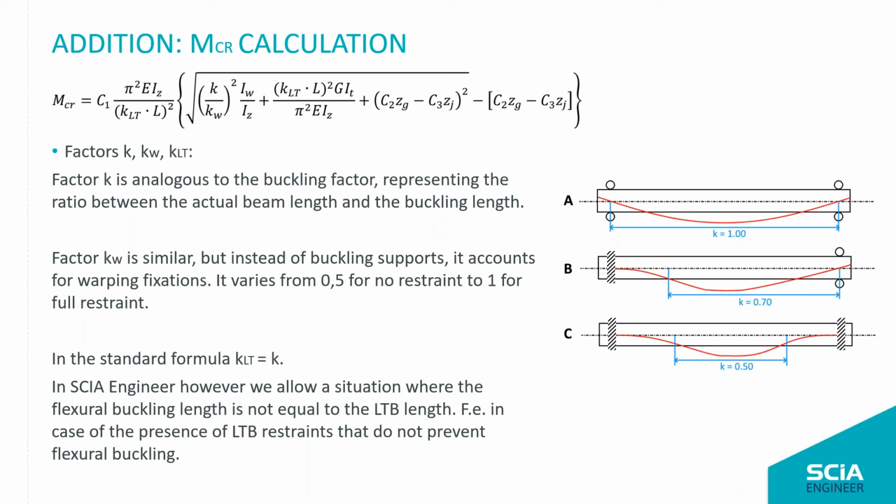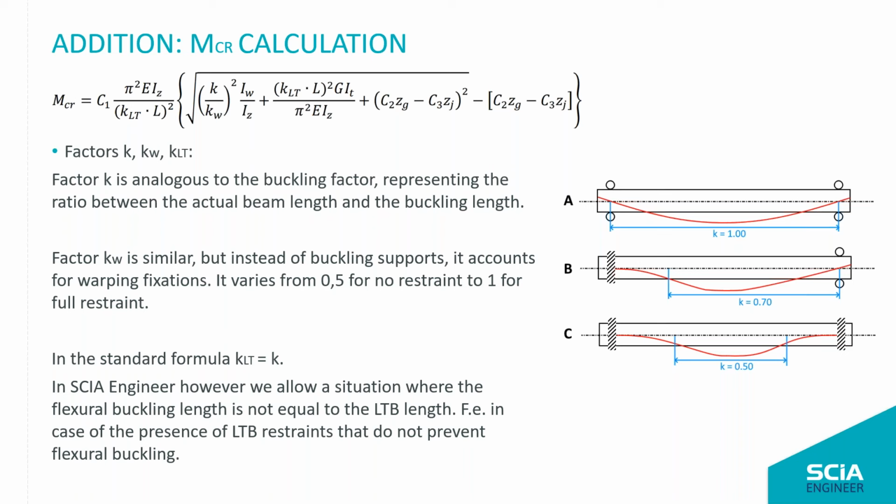And then we have actually an additional factor inside this formula in SCIA Engineer, which is KLT. It doesn't exist in the actual reference. In the standard reference, this KLT is equal to K. However, in SCIA, we have changed this situation because the length for lateral torsional buckling is not always equal to the flexural buckling length.